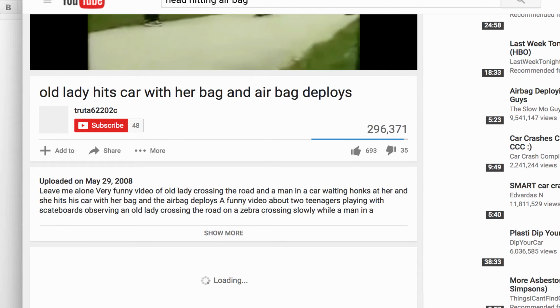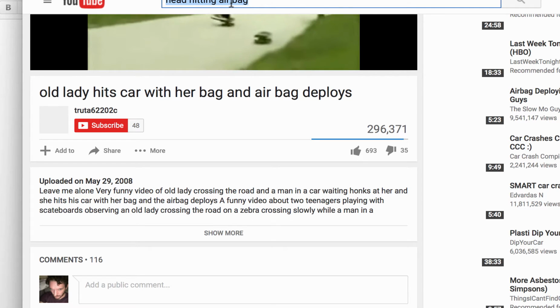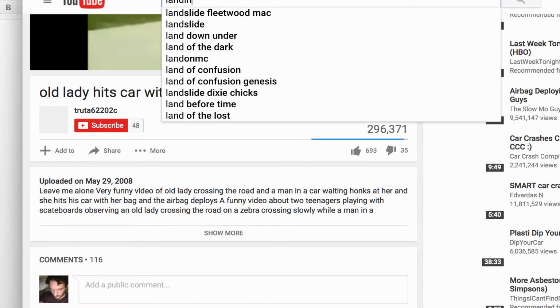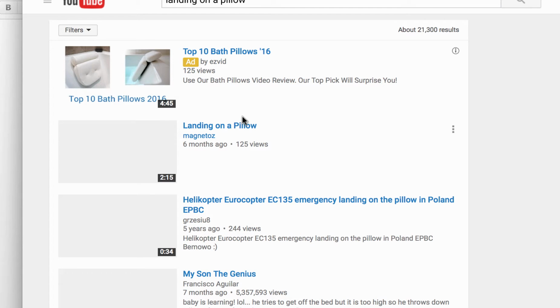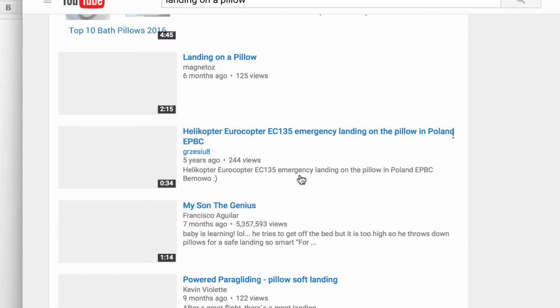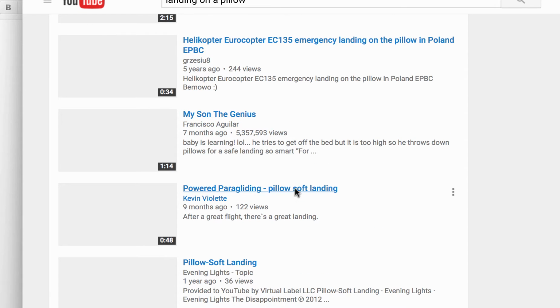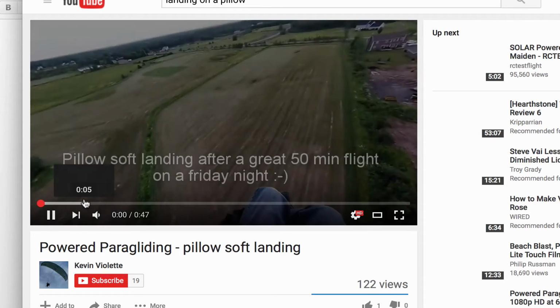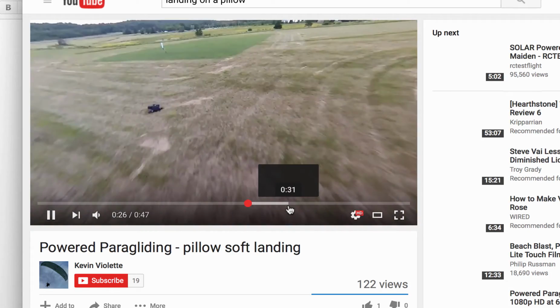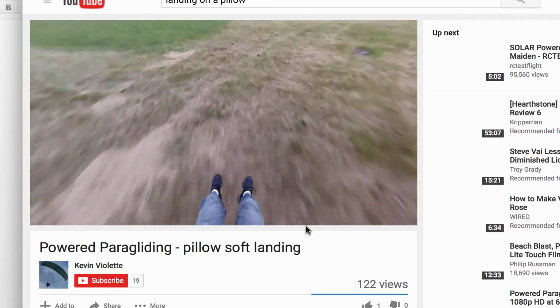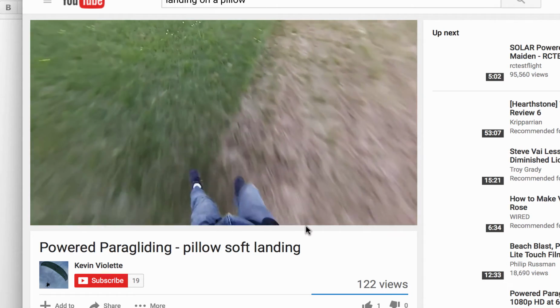No. I'm hitting something soft. Landing on a pillow. This is silly. This has nothing to do with things, but oh, that's a nice soft landing.